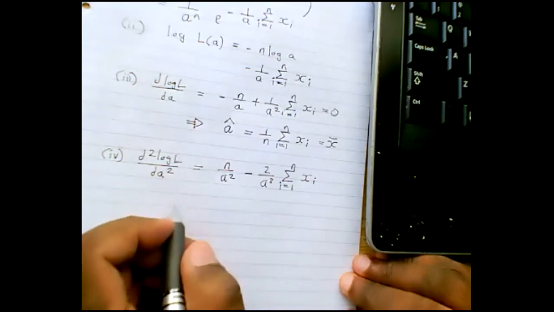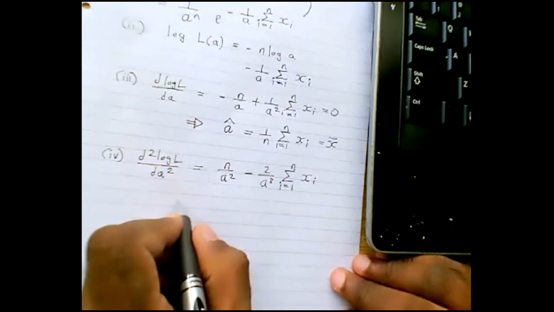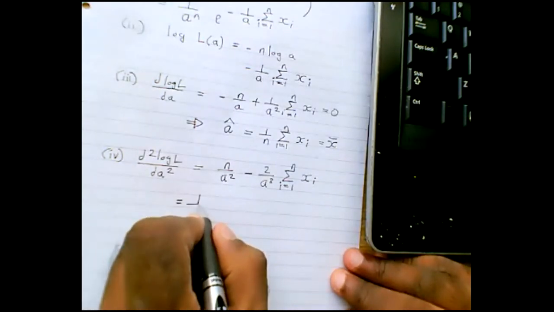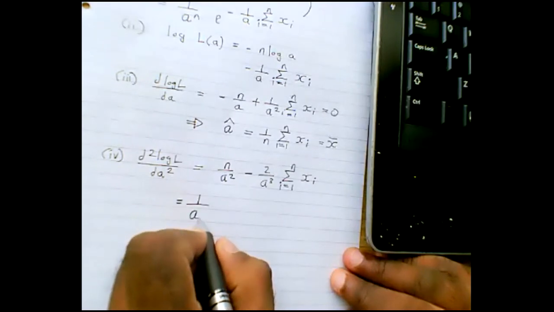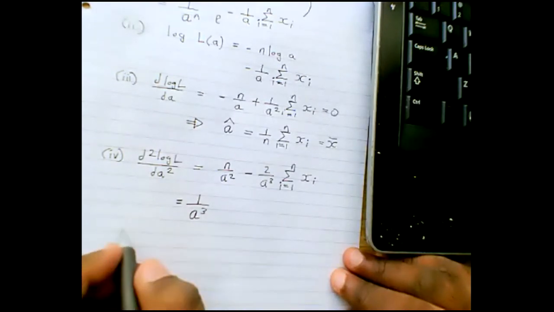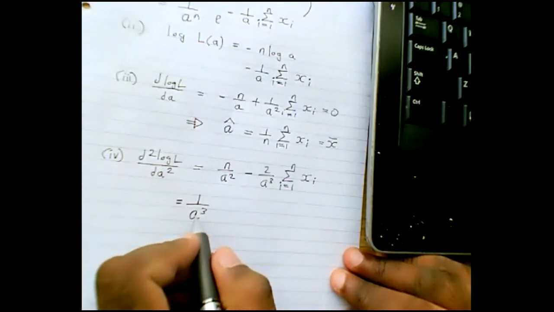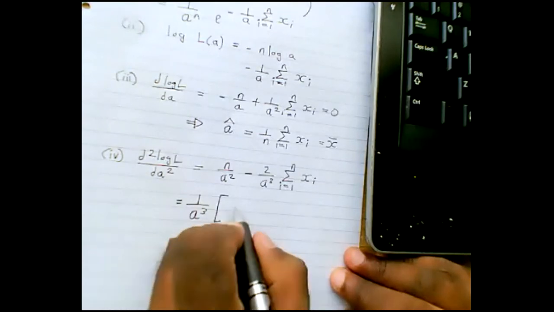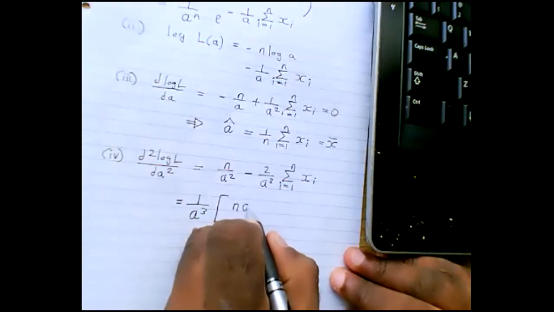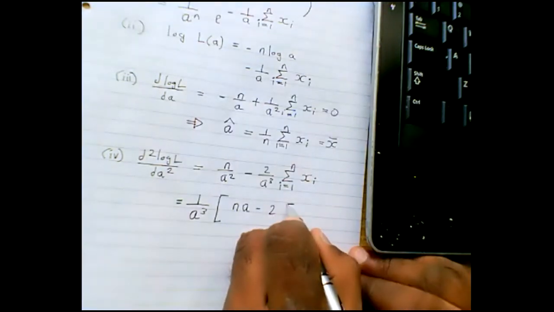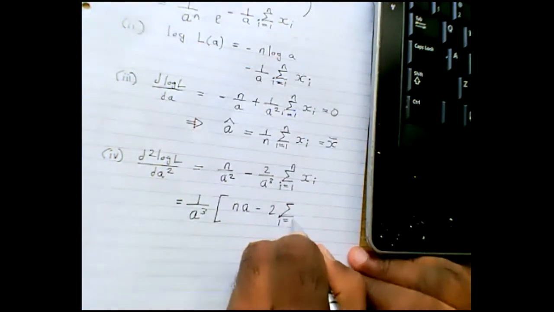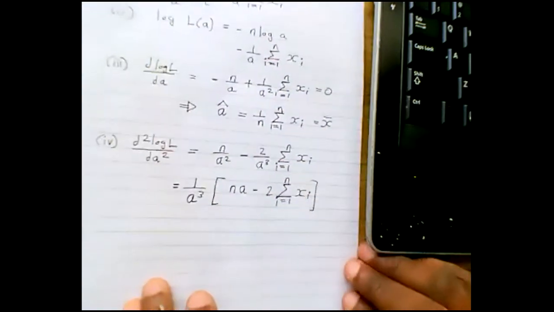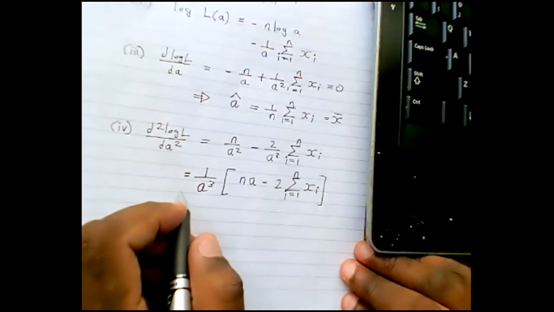One way to do that is as follows. I'm going to pull out this, right? Then in brackets you have this. Correct me if I'm wrong.